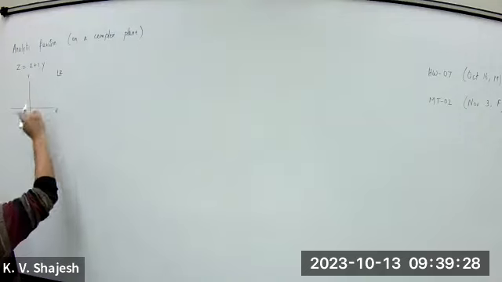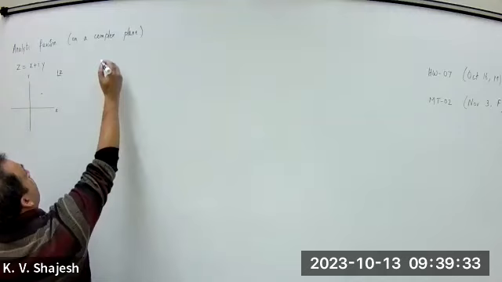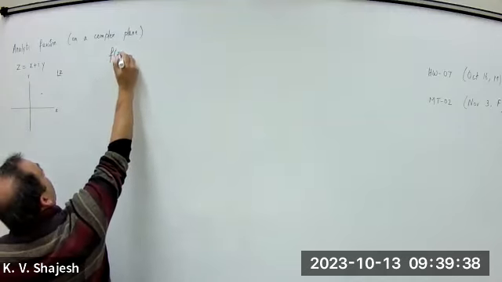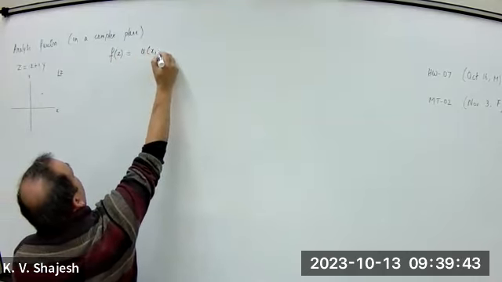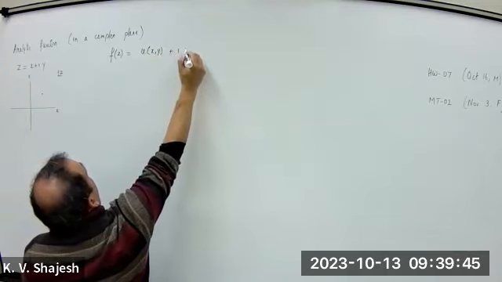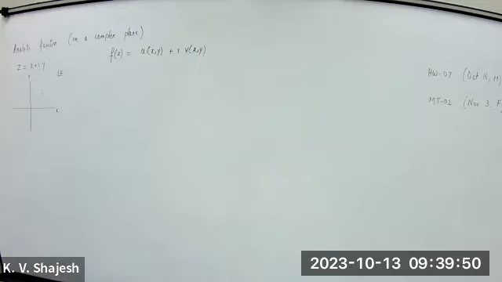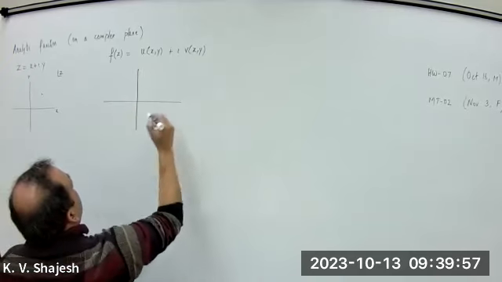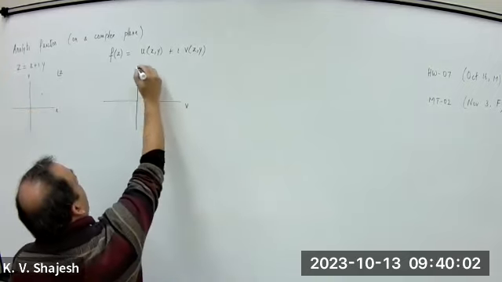Say there is z in here, and you take any point. Say there is a domain which is the whole of your xy plane, and you can take it to another plane. So this is f of z now, and this can be written as u of xy plus i times v of xy. Since this has two variables in it, for every point there is a point in here. It's a one-to-one mapping.